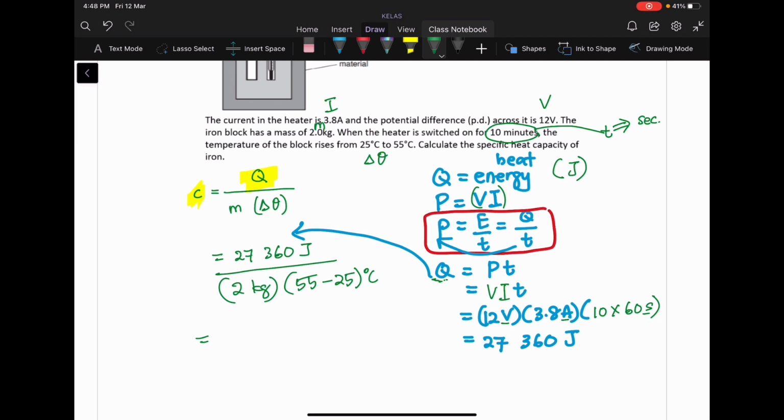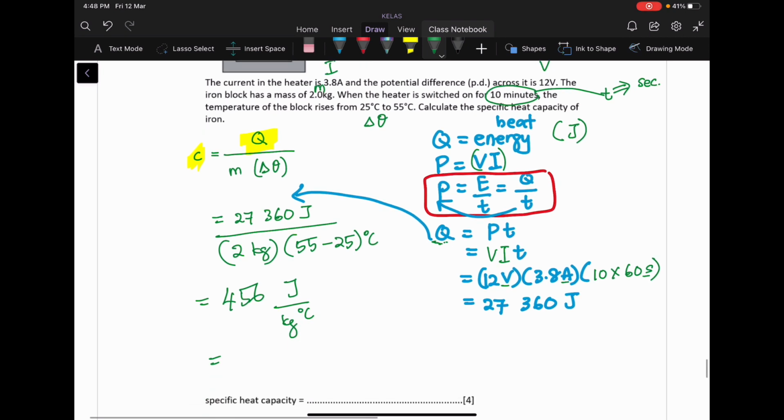So divide by 2 and we get 456. What's the unit? Joule per kg per degree Celsius.